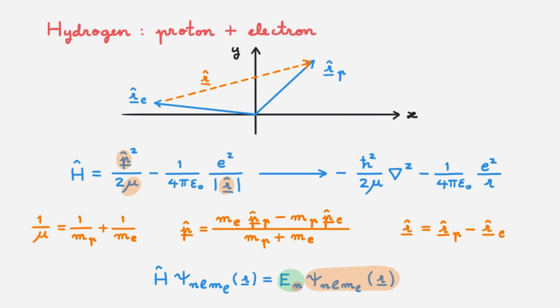The eigenfunctions are also labelled by n and 2 additional quantum numbers, L here and ml here, which are associated with orbital angular momentum. We have solved this eigenvalue equation to determine all bound states of the hydrogen atom in a series of more mathematical videos that are linked in the description.